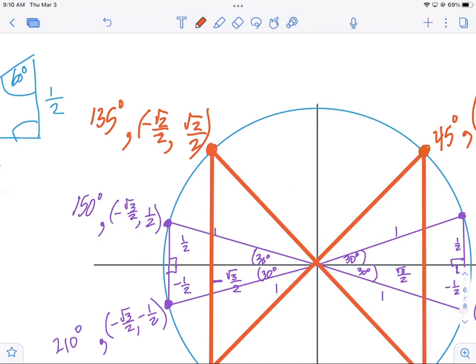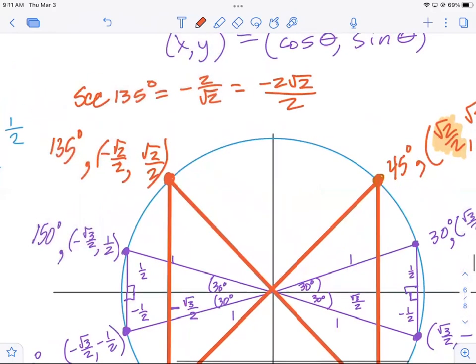Yeah. So let me just write that down because that's important. Secant of 135 degrees. We're going to quiz over this soon enough. And I'm going to give you like probably 20 seconds to come up with these answers. You know you're going to flip negative square root of 2 over 2. So if you go -2 over the square root of 2, I want you to rationalize that. If you say -2 square root of 2 over 2 because you're rationalizing in your head, that's not wrong, but it's also not simplified.